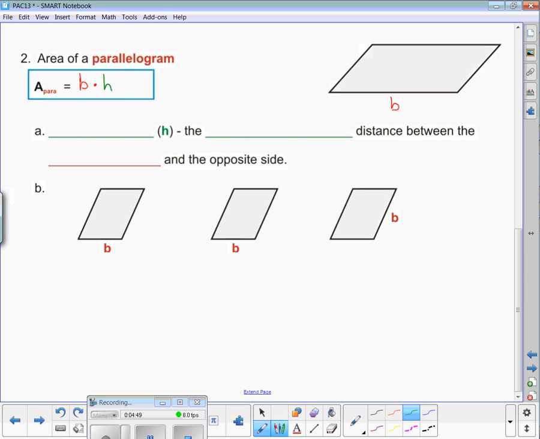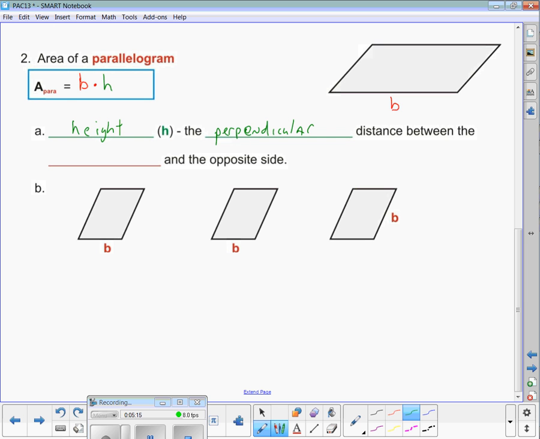Now, it's important that you understand the relationship between the base and the height. If you get the relationship correct, you'll do well in these. They're easy. So the only thing you can mess up is figuring out what side is the base and what is the height. All right, so here, the height, notice the color coding, h, is the, and this is the key, perpendicular.